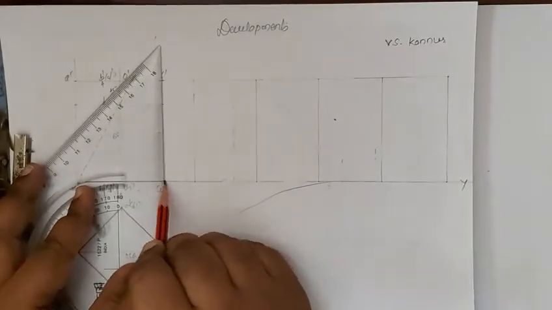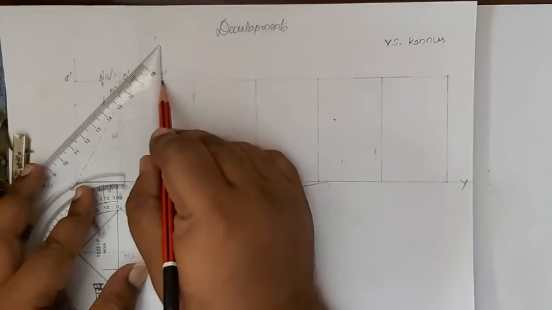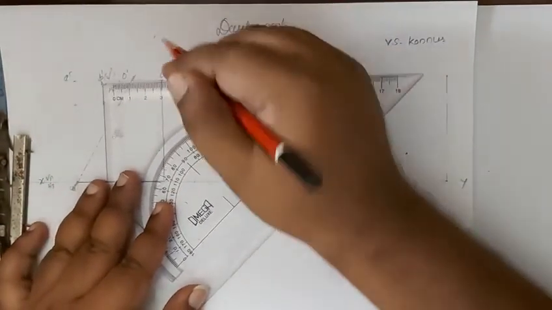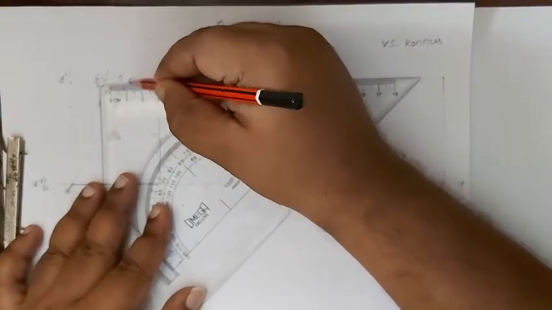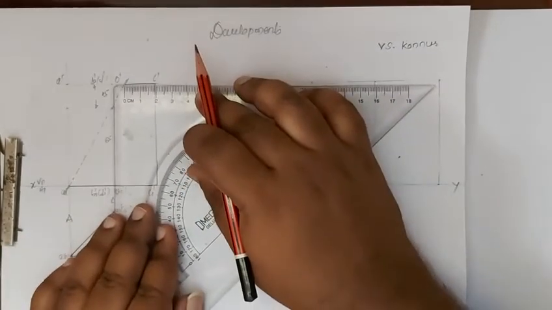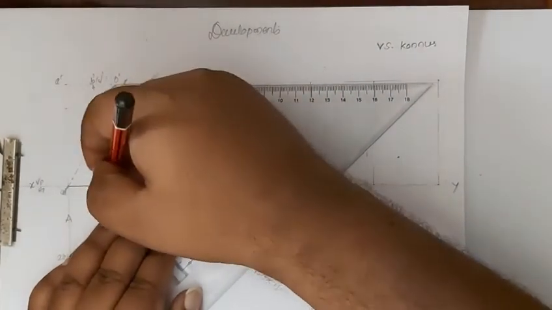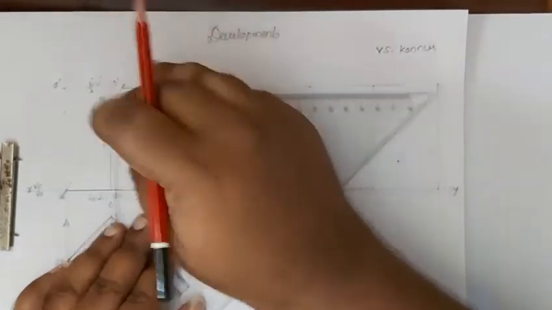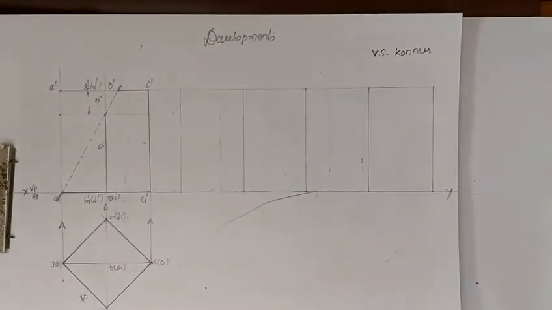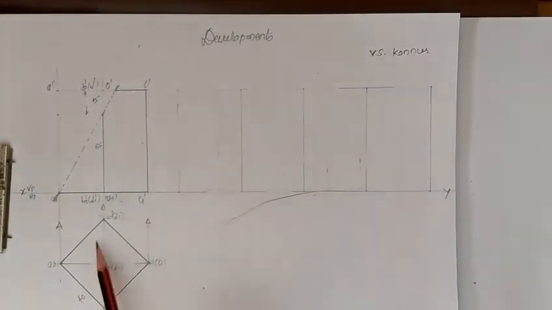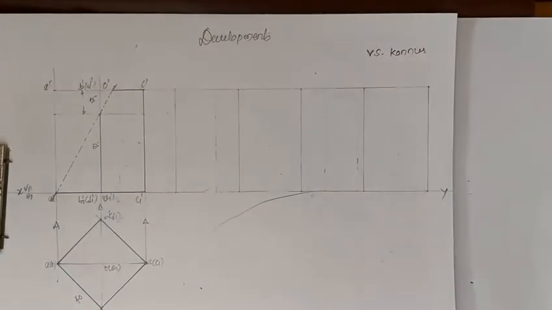That is the cut section which will be removed from the prism. Now the part which I am making dark is remaining, that you have to make a development. Right. The dark part, this is the dark part where you have to make a development.